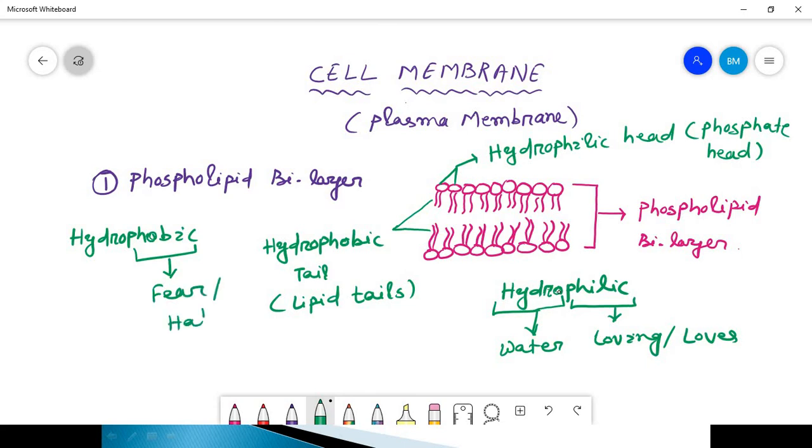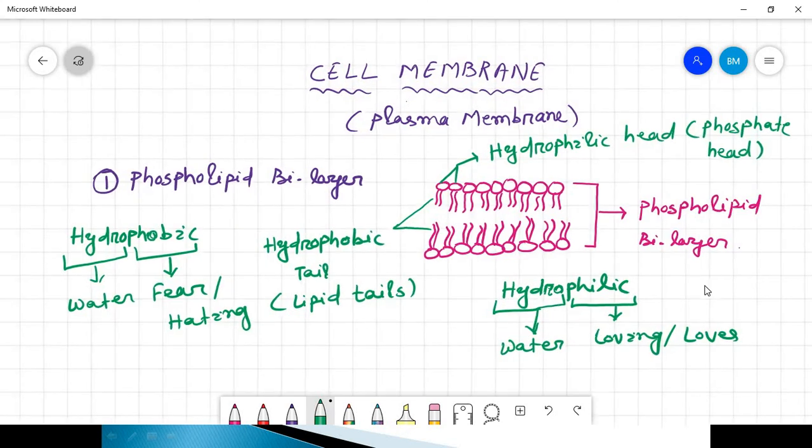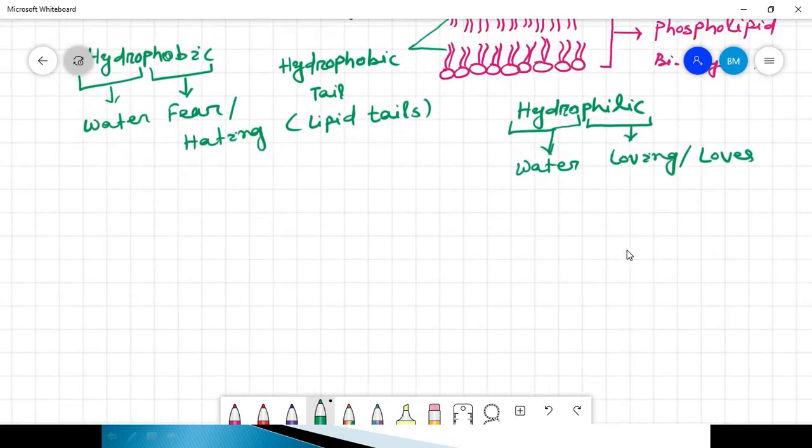It is the water-hating side. As usual, hydro means water. So the lipid tails are the water-fearing, water-phobic end, and the phosphate end is the hydrophilic end.